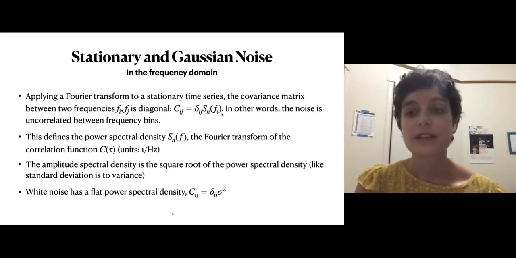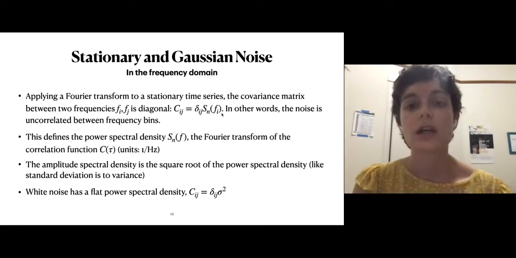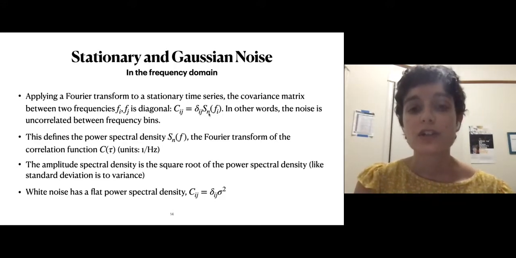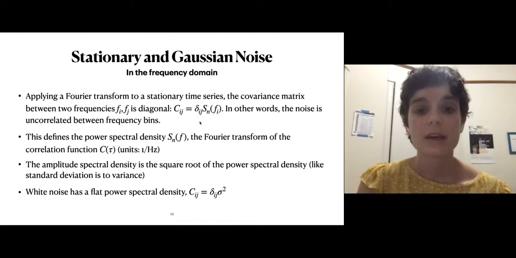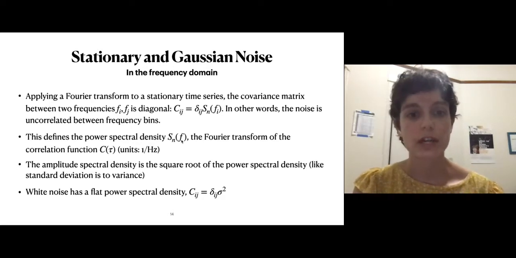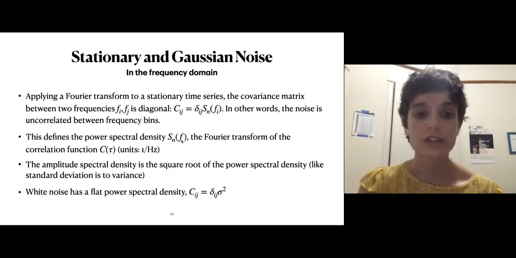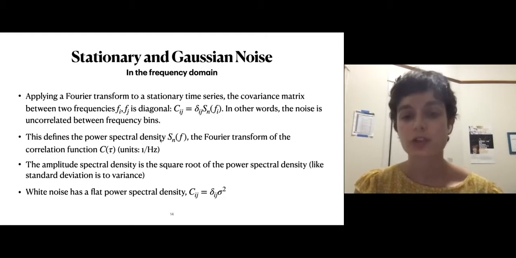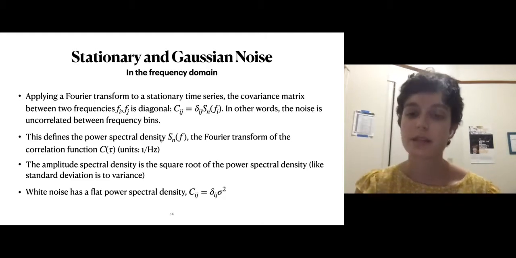And this is just saying that the noise is uncorrelated between the frequency bins, which we said earlier. And at each frequency, we have this function S_n of that frequency, which is just the Fourier transform of the correlation function. It's called the power spectral density, or PSD.